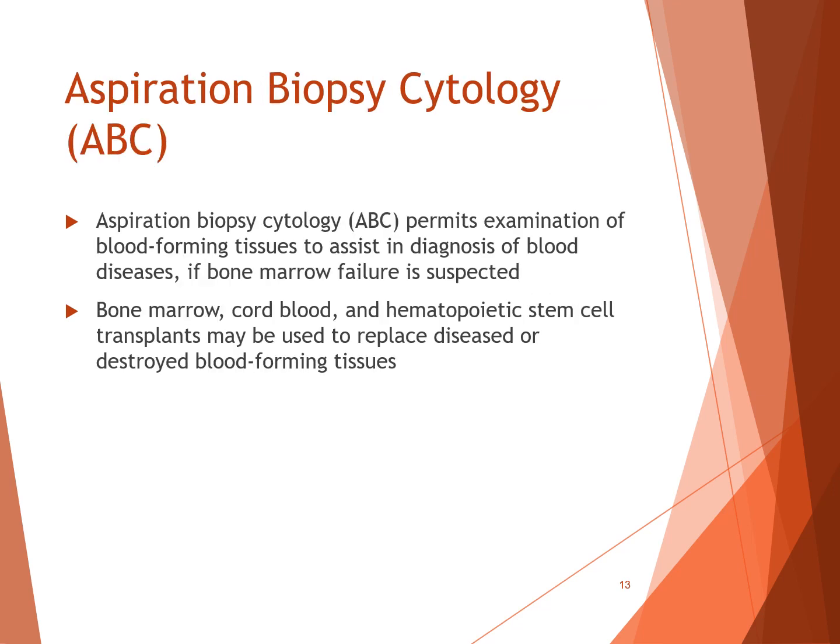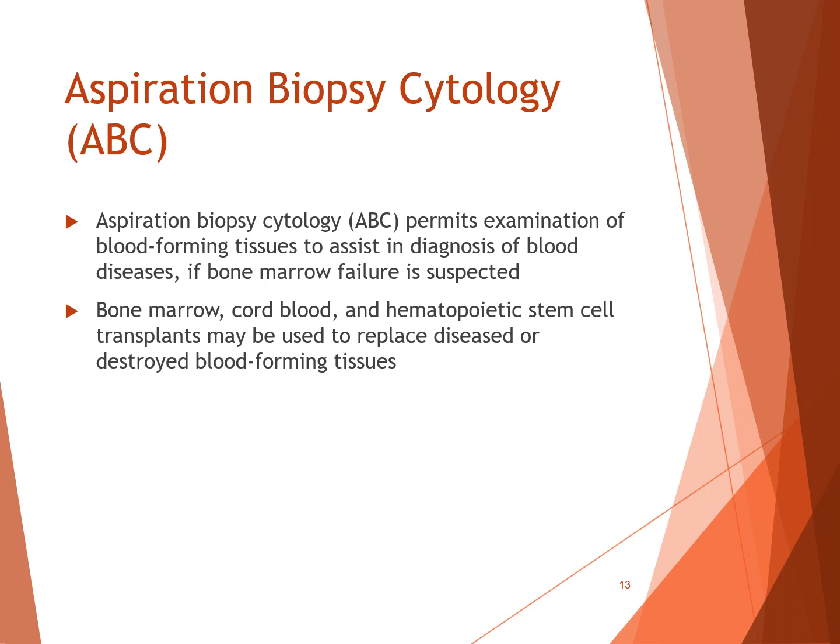So if doctors suspect that there's some type of bone marrow failure, then they can perform a procedure called an aspiration biopsy cytology, or an ABC. And this ABC allows them to examine that tissue to help confirm or reject a tentative diagnosis.